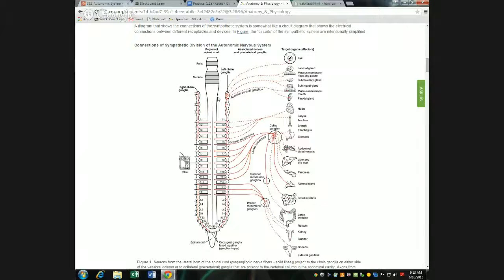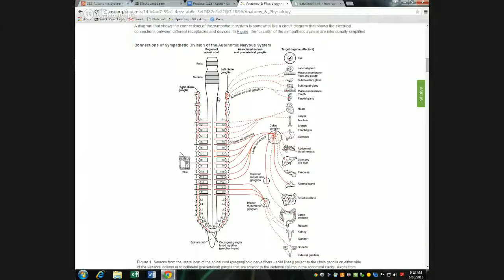But those responses are kind of all those same things. Heart rate goes up, you might get sweaty palms or something like that. It's the fight or flight response. And so that's what we really mean by sympathetic. We're talking about the sympathetic division. It's tied into those emotional responses.